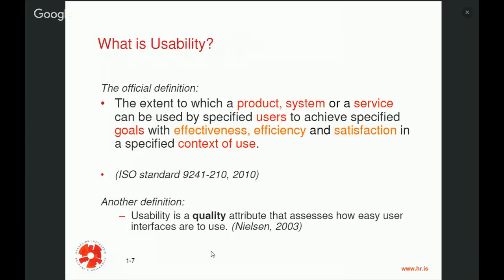I really like this one. If I'm trying to explain usability to people that are not that into this area, I maybe use this one, but the previous one is more compact.